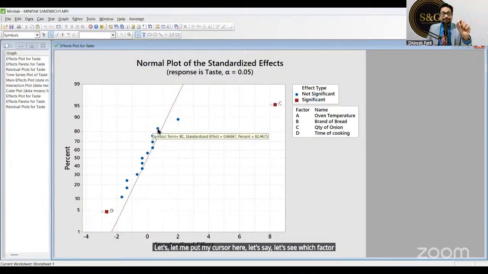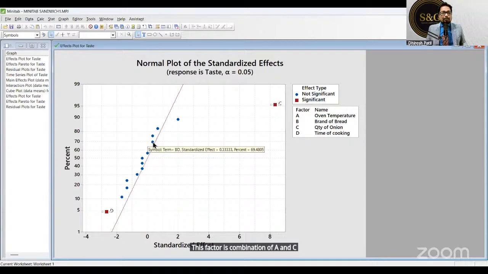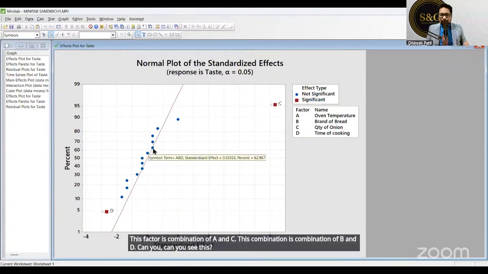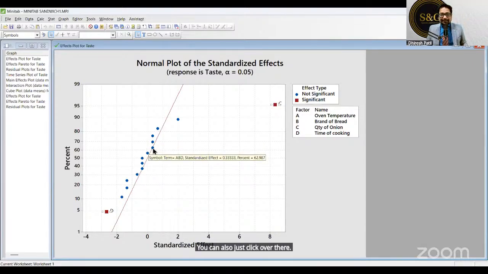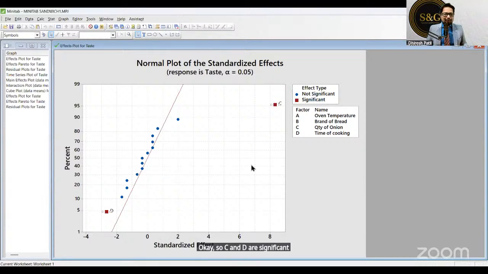Can you see this is BC, combination of B and C. This factor is combination of A and C. This combination is combination of B and D. You can also just click over there. This is a 3-way interaction. You can see ABD. Then this is AD. So there are all 2-way, 3-way, 4-way interactions. Okay. So C and D are significant. Very good.